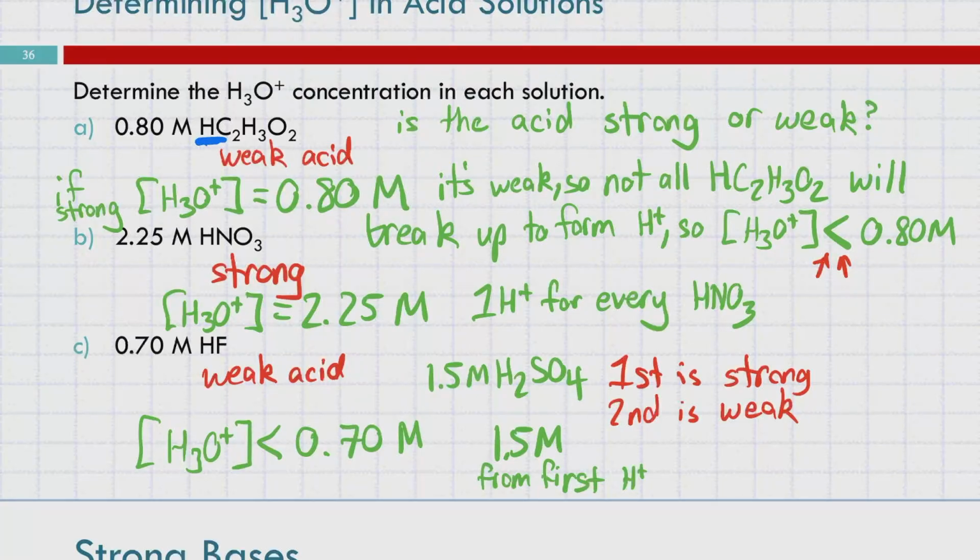So we've already got this 1.5 because this first hydrogen popped off. Now we just have 1 H left. The second one is weak. What does that add to this 1.5? Does it add some, all, none? Some. So we're going to have at least 1.5 molar. But it's not going to be all the way up to 3, which would be twice the amount. If they were both strong, then it would be 3.